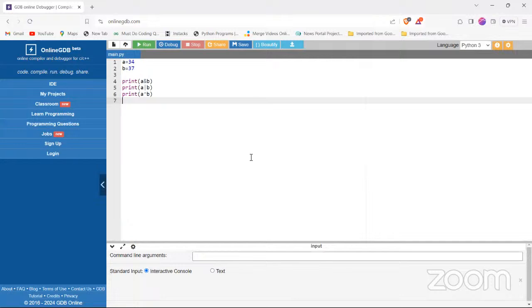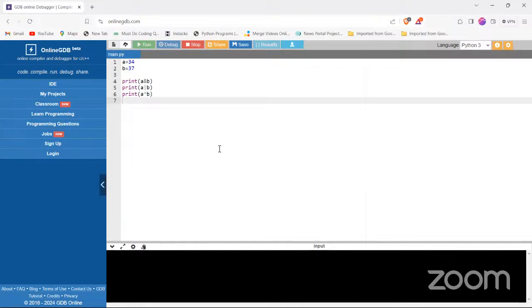At the arithmetic and logical unit of your computer, they are going to perform some arithmetic operations, depending on the operator itself, and they are going to return the result in decimal form. So if the value of A is 34 and the value of B is 37, what are AND, OR and XOR going to return? First, we will see the value and then we will evaluate. Let me just click on run.